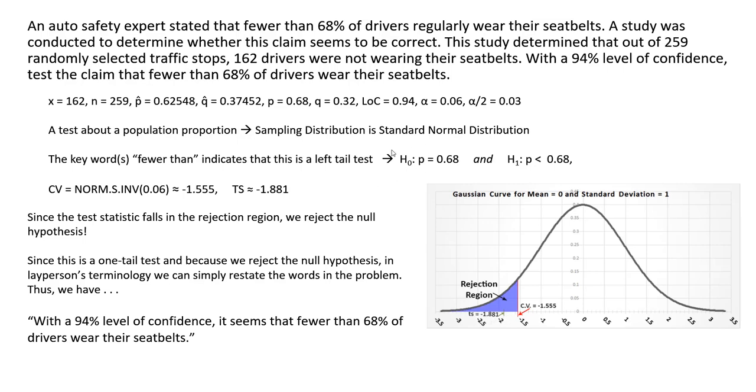I reject what I have known to be truth until this study, which means I can say for this problem that it is less than whatever I had known to be truth in the past. In layperson's terms, we would say with a 94% level of confidence, it seems that fewer than 68% of the drivers wear their seatbelts. Now that we have the spreadsheet set up, the next problem becomes pretty easy, and it certainly won't take us as much time.